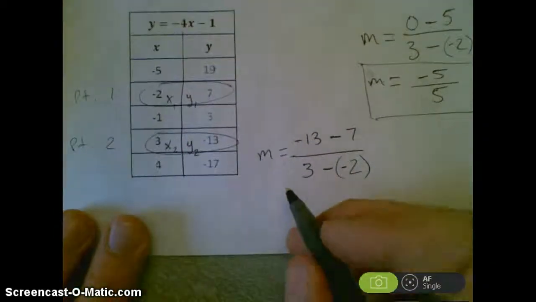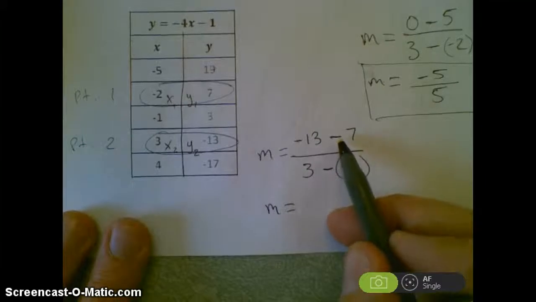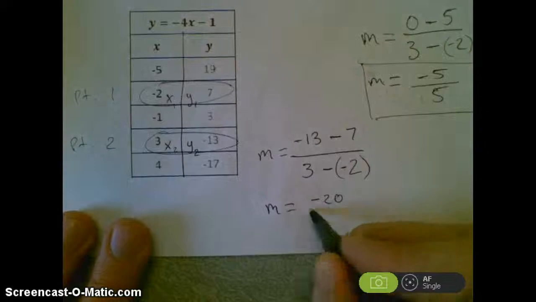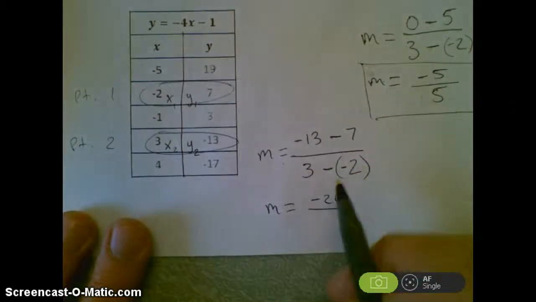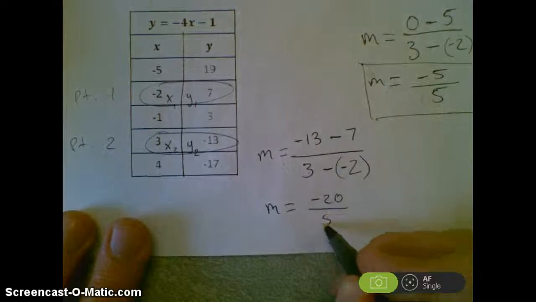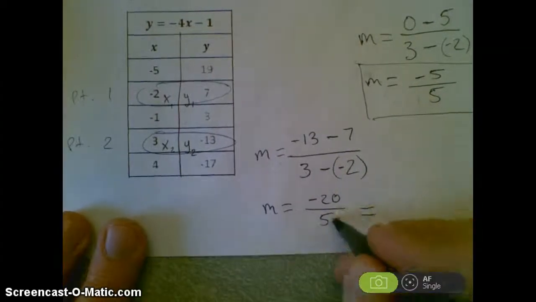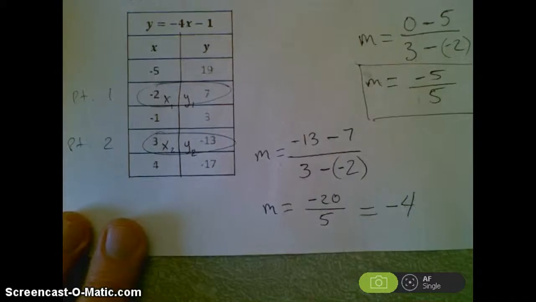So -13 minus 7, so -13, -7, that's -20, over 3 minus -2, so that's like adding 2. So that's -20 over +5, and that simplifies to become, 5 goes into -20, -4 times. So the slope is -4.